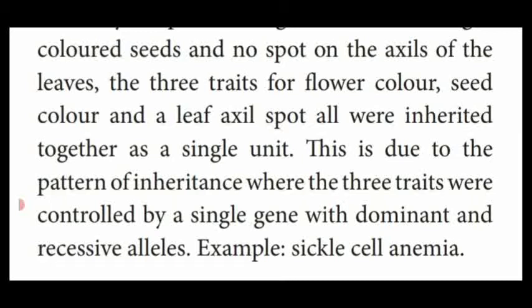So how is this multiple pattern produced in some plants? It is due to a single gene present in the particular plant which controls all the multiple traits or characters. The gene may have either dominant or recessive alleles.